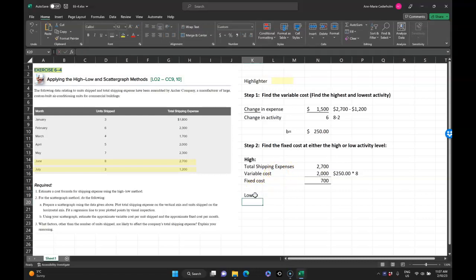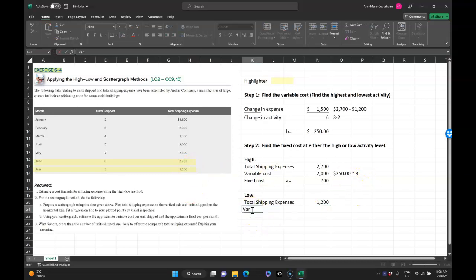Let's just double check our work just to make sure that we calculated that properly. So we're going to do it at the low. And maybe I'll tell you what letter this is. So y equals a plus bx. We just calculated the fixed cost, which is the a in the cost formula. So total shipping expenses at the low level is $1,200, so it's just right here.